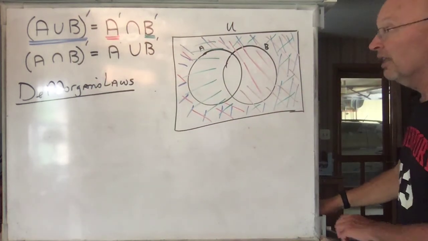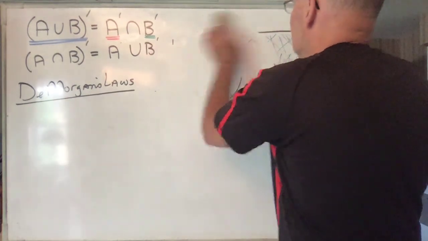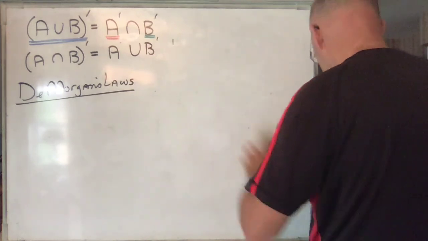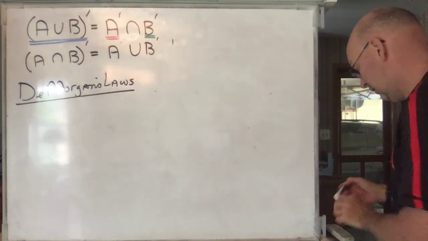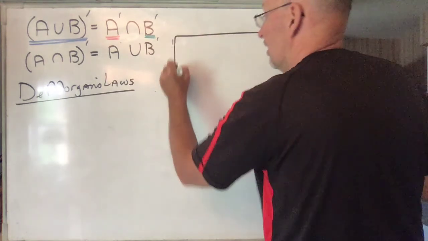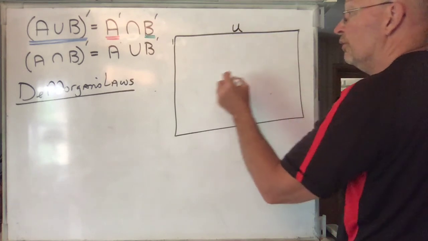Okay? Let's try the other one as well. In order to do it, I think easiest just to draw the diagram again. Okay, so there's your universal set.